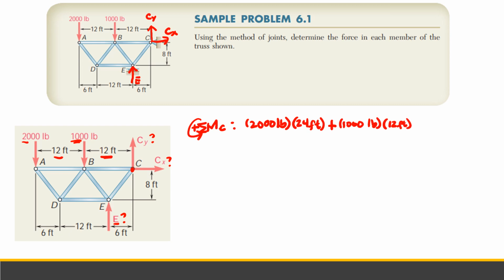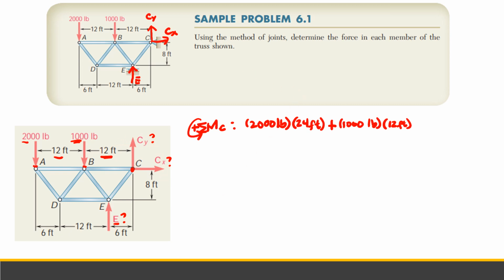These forces have a counterclockwise effect. If you hold the point at C, the forces point downward, so the movement is counterclockwise. For E, if you hold it at C, E is going upward, which makes a clockwise rotation.